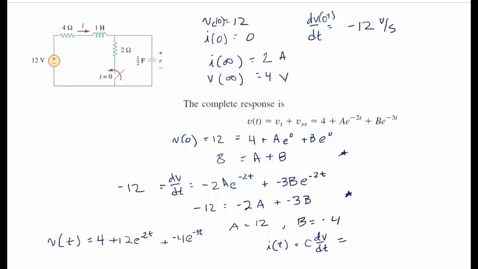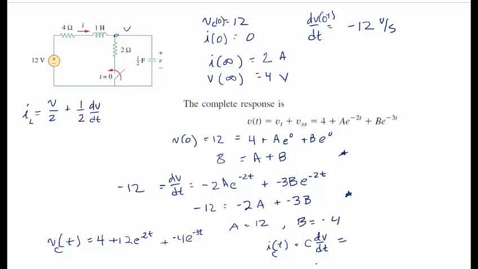This I is actually I in the capacitor, because it's related to this equation V, which was V in the capacitor that we determined. If we wanted to find this I in the inductor, remember we had two equations and two unknowns, and so we have to use V over R from the KCL written for that node, plus C dV dt, and then we can find I in the inductor.